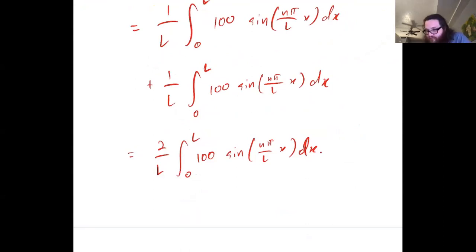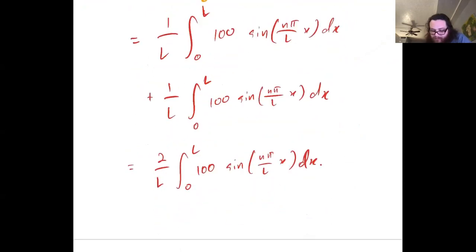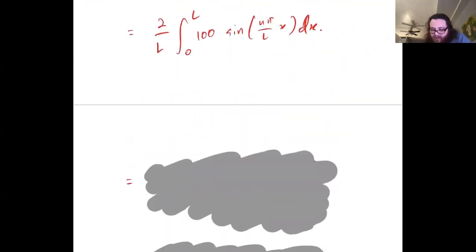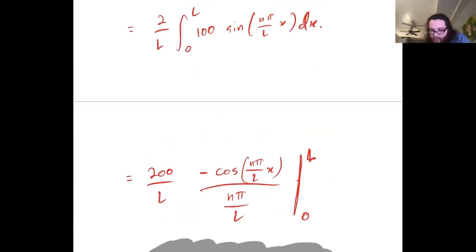And so this formula may look familiar. This was the formula that we were using before when we were computing these Fourier series just on the interval 0 to L instead of negative L to L. Anyways, this integral is computable.